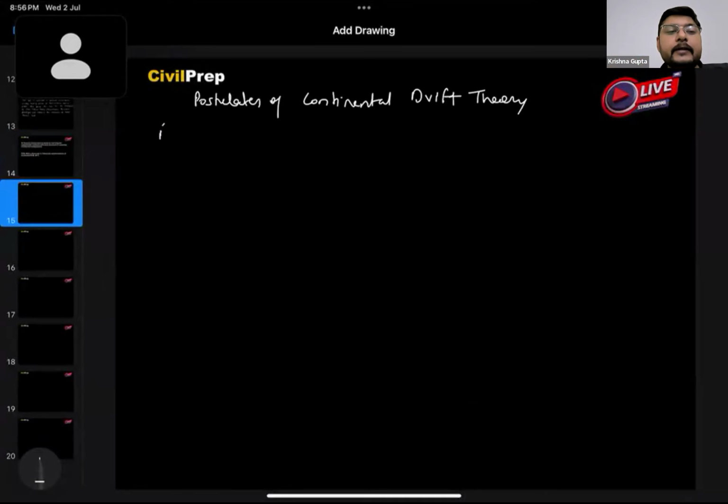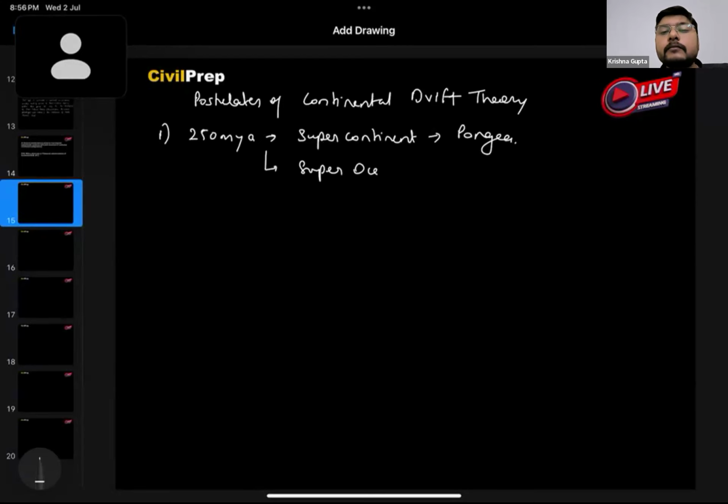According to Alfred Wegener, almost around 250 million years ago, there was a supercontinent, which is named Pangaea, and a superocean, which is named Panthalassa.